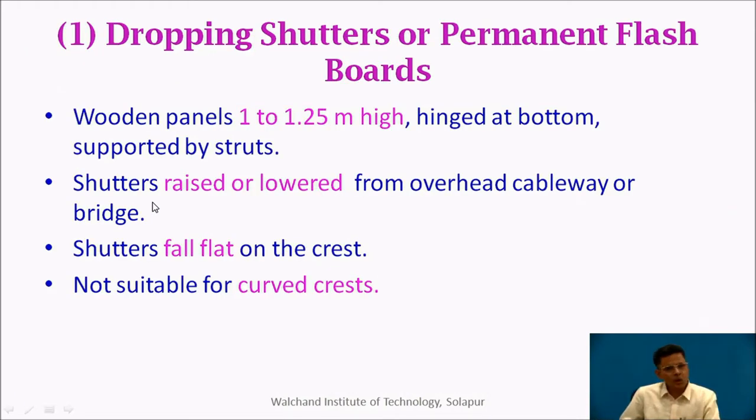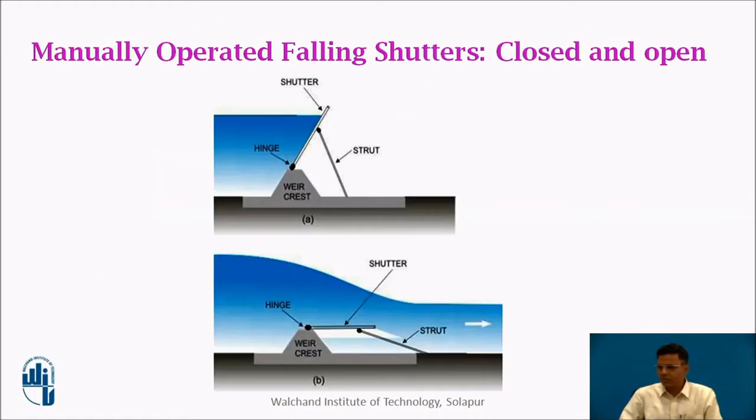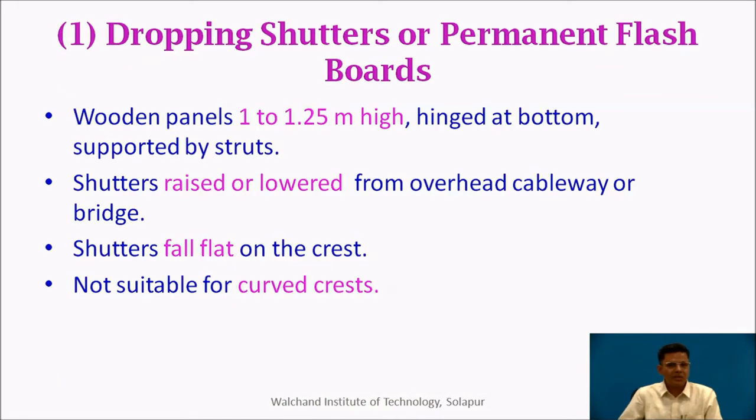Shutters are raised or lowered from an overhead cableway or bridge in case of bigger dams. Shutters fall flat on the crest whenever we want to allow the discharge. However, these are not suitable for curved crests.